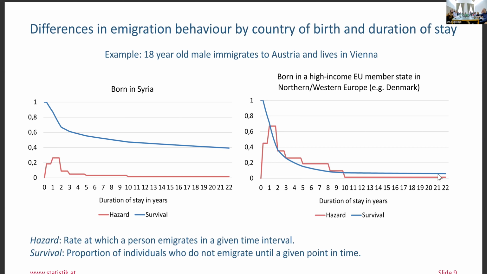And the second thing that we're seeing is the clear relationship with the country of birth. So in the left pane, we see that the emigration hazard is quite low to begin with. So even in the first 1 or 2 years after immigration, this person is very unlikely to leave Austria.